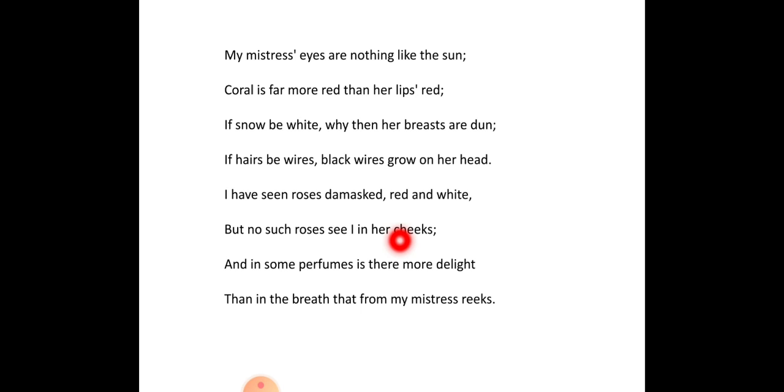When we think of the English sonnet, it is interesting to say that the sonnet was introduced into England by Sir Thomas Wyatt and Henry Howard, known as Earl of Surrey. I think you still remember him. And these were two English politicians.